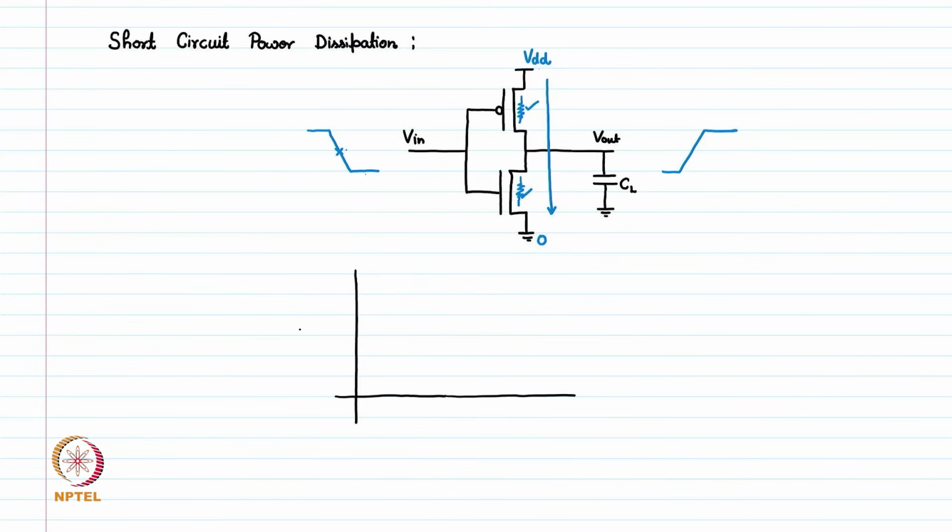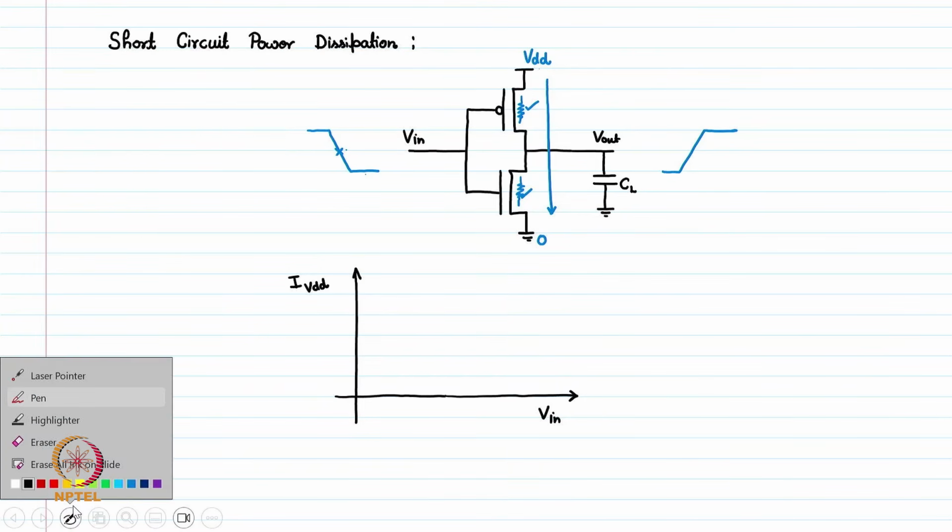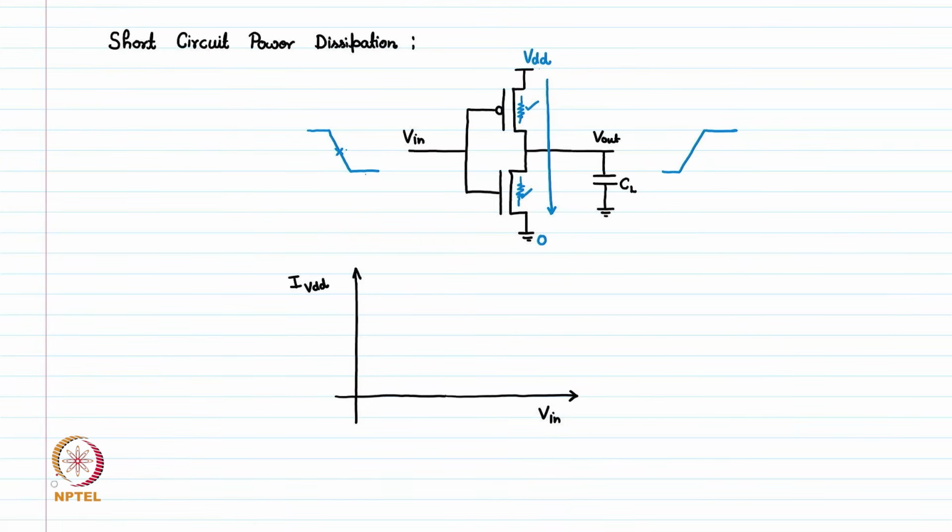On the y axis, let's say we have the current through VDD, and on the x axis we have input voltage V in, and this leakage current or the short circuit current looks something like this.